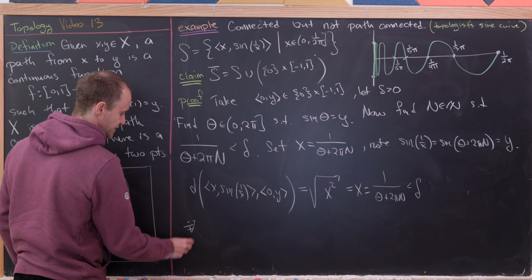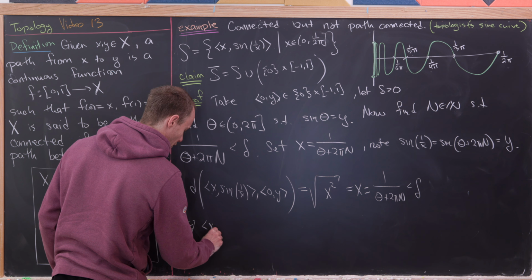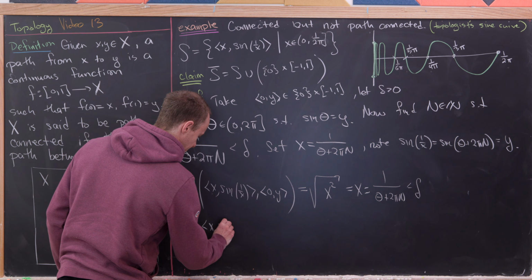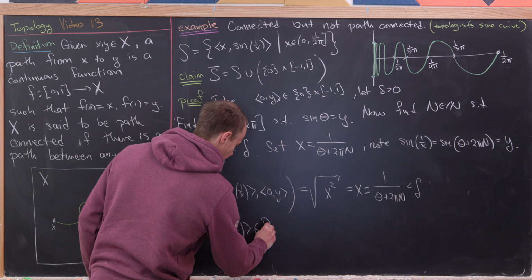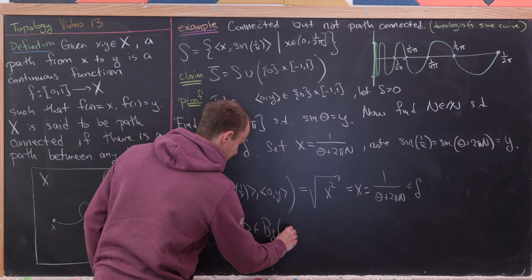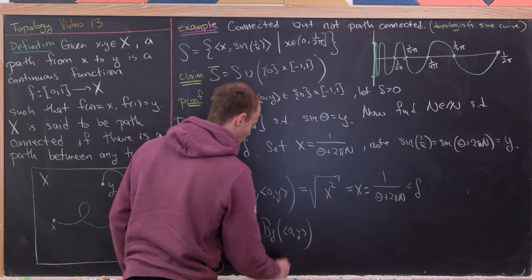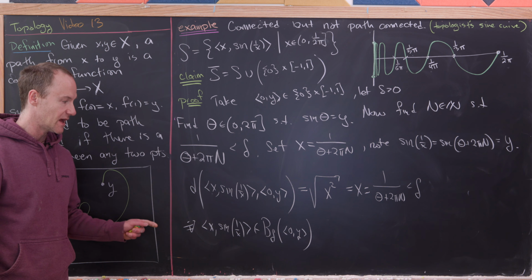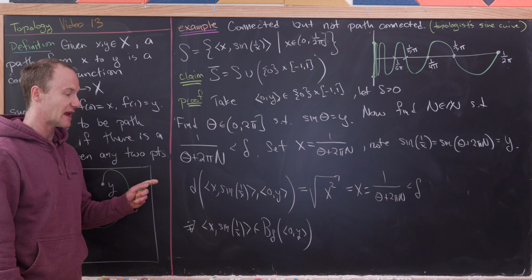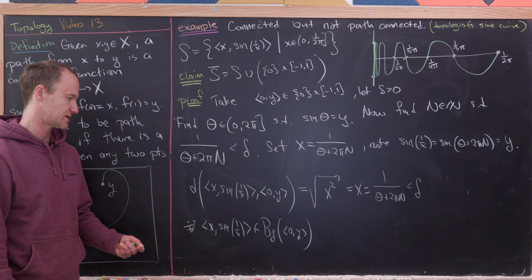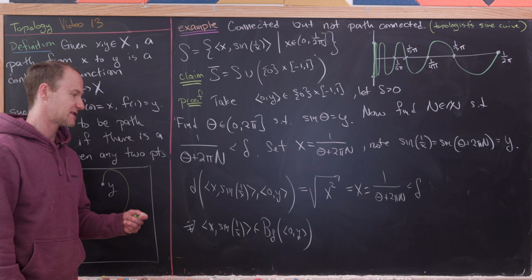So let's see what we've shown here. We've shown that this point, (x, sine 1 over x), is inside of the ball of radius delta centered at (0, y). But again, what does it mean to be a limit point? It means that every neighborhood of that point intersects the set.